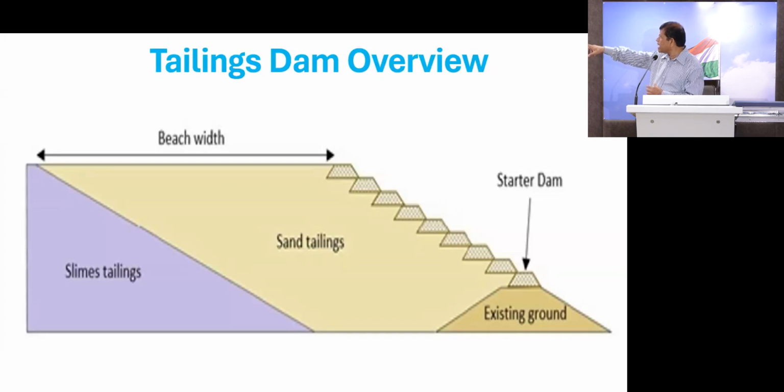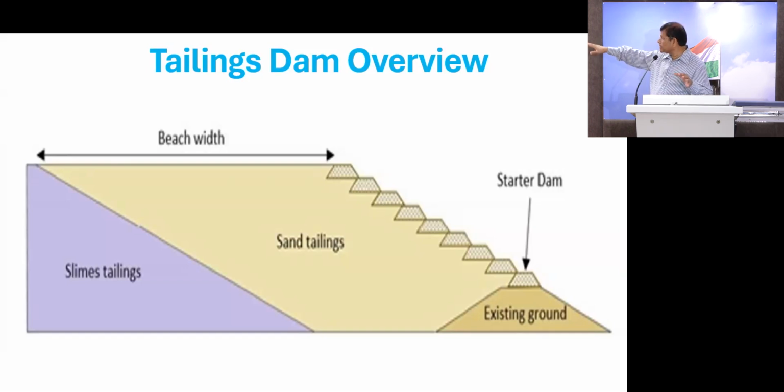And you can see that in the slime tailings, there we will have the water, the surface water, which we think of as being over the slime tailings. The distance from the crest to the slime tailings is called the beach. It is normally a little bit sloped.